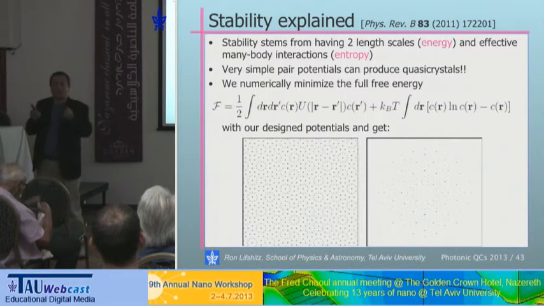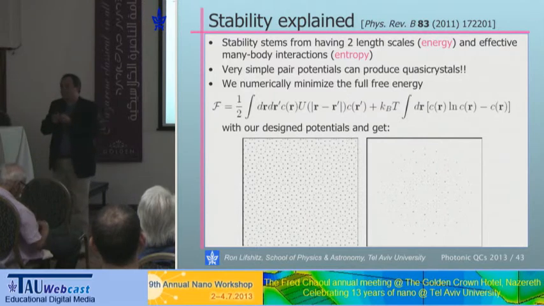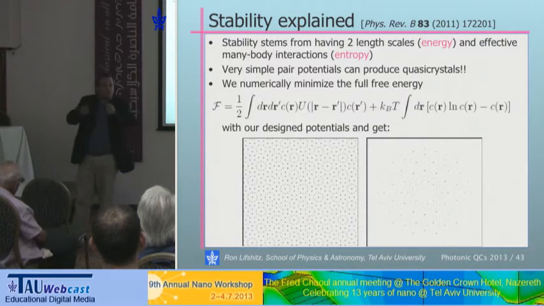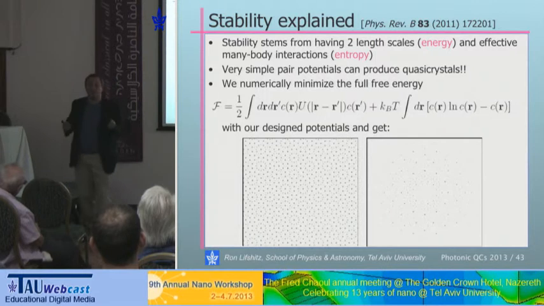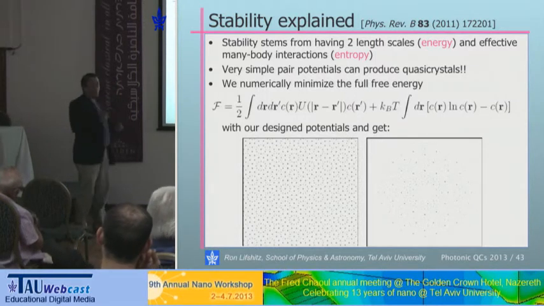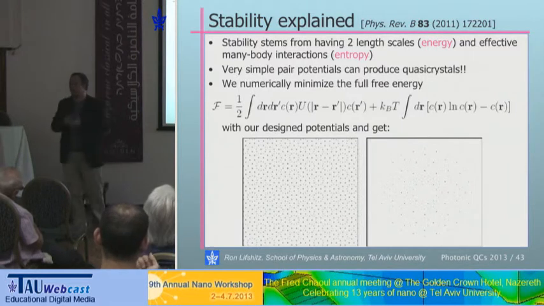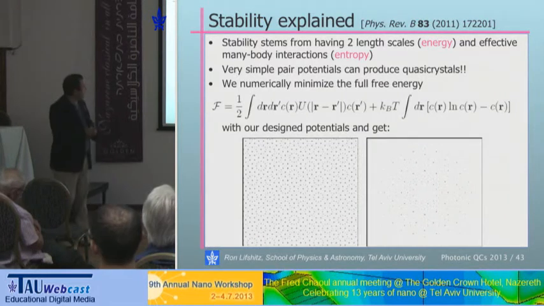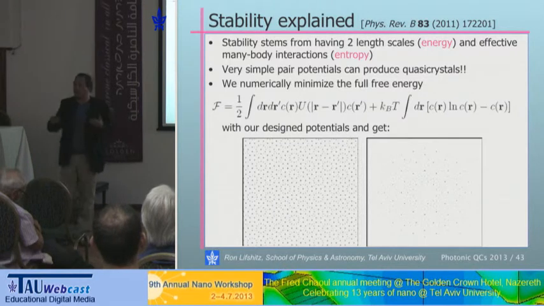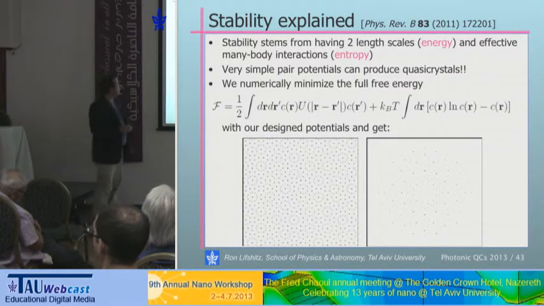And the chemist or whoever is synthesizing this should have the ability to tune the ratio of these two length scales. And a second requirement is to have many body, at least 3 body effective interaction between these particles, but entropy, again for the experts, entropy can be enough to generate these effective many body interactions.